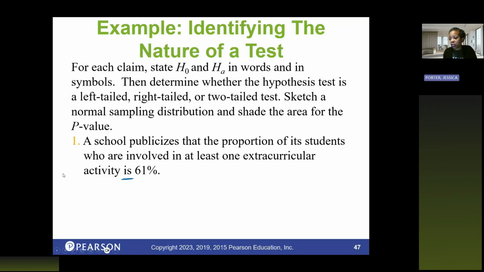And if we recall, H sub 0 was p is equal to 0.61, and H sub A was p is not equal to 0.61. So left tail, right tail, or two-tail test, based off of the information we just learned. Right, it's a two-tail. We're not pointing in either direction, the alternative hypothesis. This is a two-tail test.